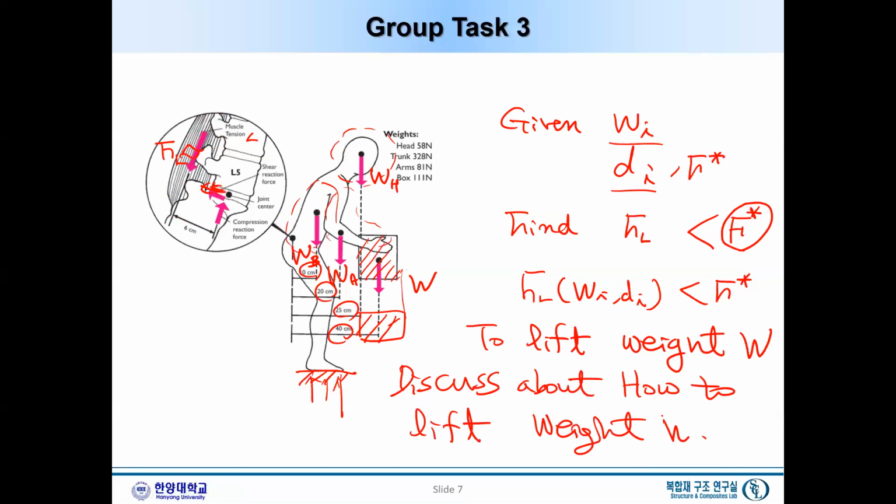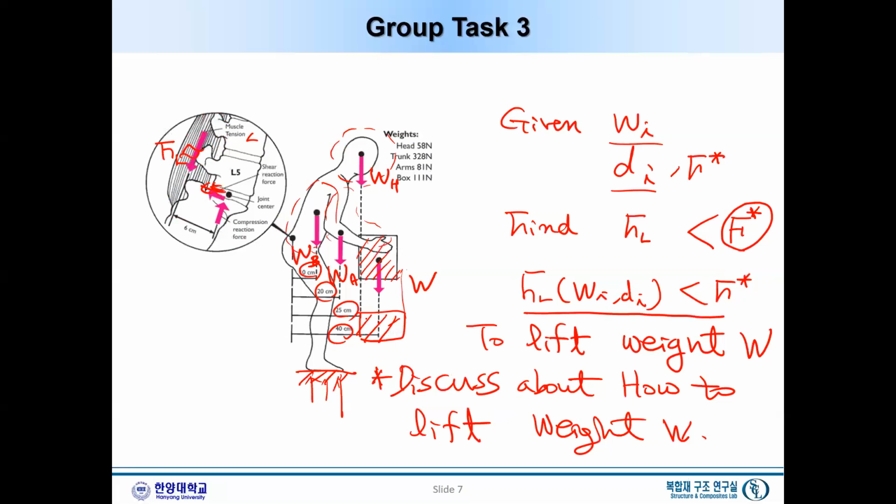Again, you can have equations, you can use Excel, you can give some values, and you can see how you can define it. You can discuss how you lift the weight.